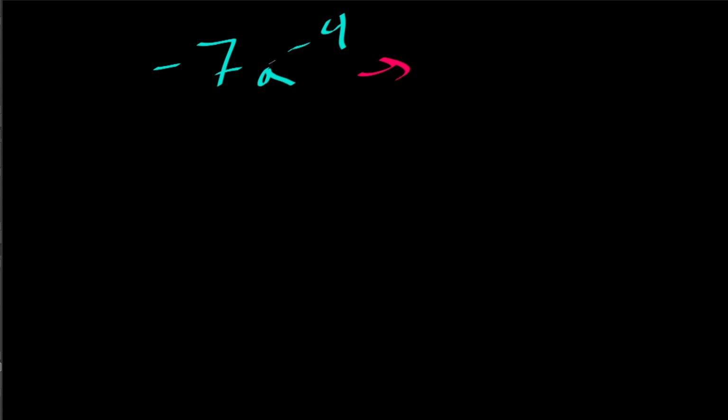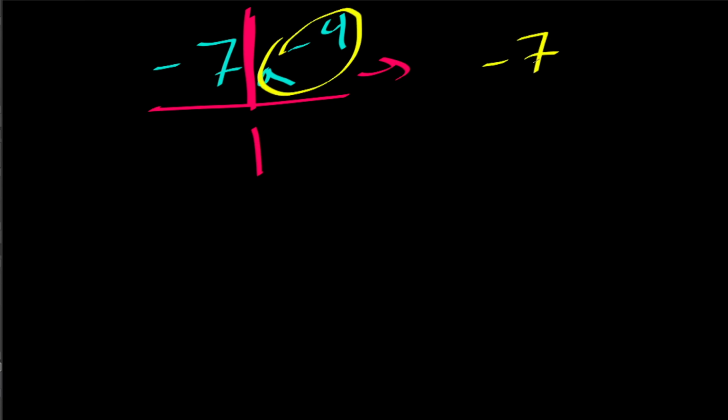And the base of that exponent is actually only a. It is not 7. So you have to act like there's a wall separating negative 7 and a, and a is the only thing that's going to move down to the bottom to make this exponent positive. So I would keep negative 7 on the top, and a to the 4th would move to the bottom.